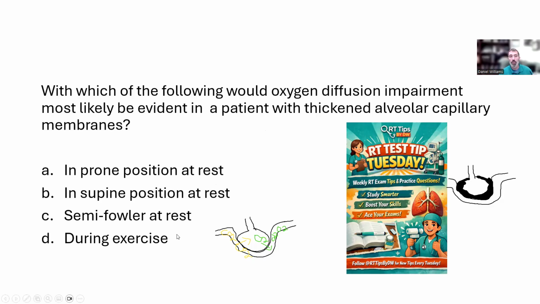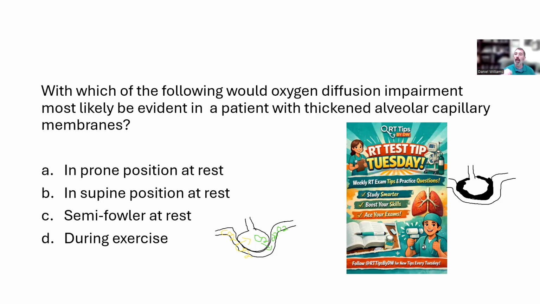What will happen is with exercise, you become tachycardic, you become hypertensive. So heart rate goes up. When heart rate goes up, that transit time is going to get shorter because blood flow is moving much quicker around that alveolar capillary bed. So the blood may be moving so fast that the O2 never has as great a chance for equilibration to occur.